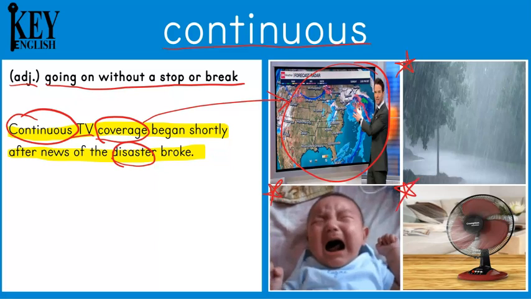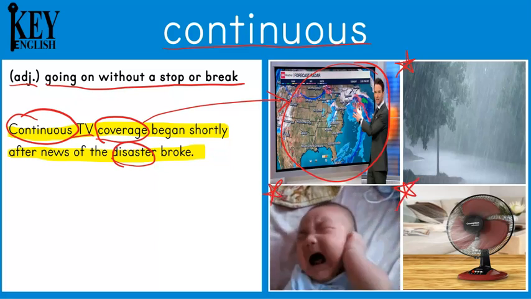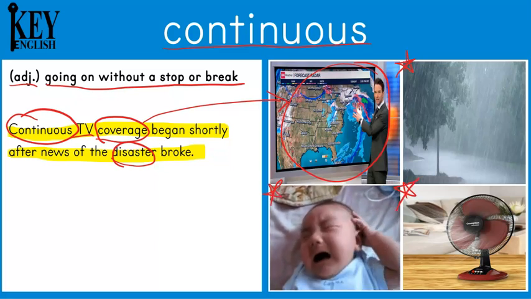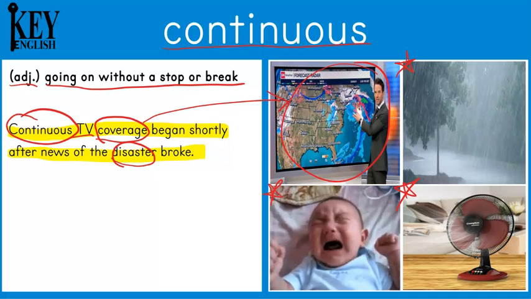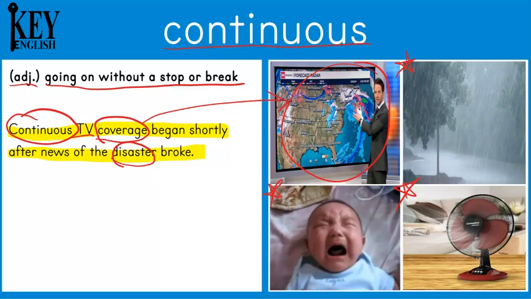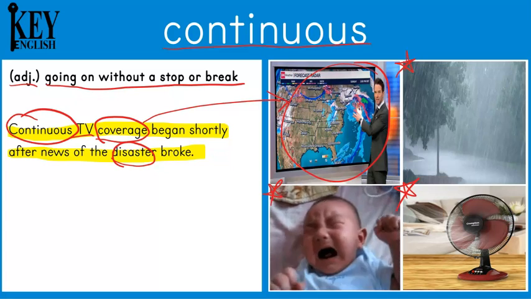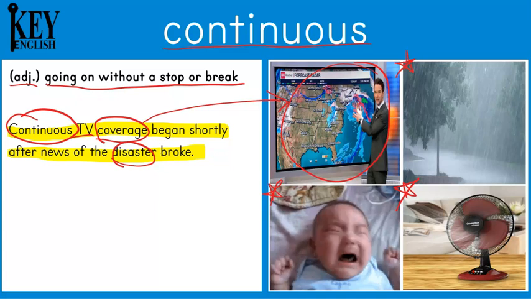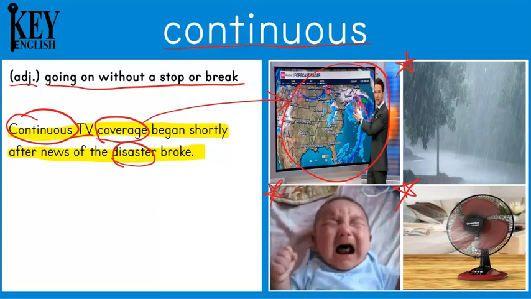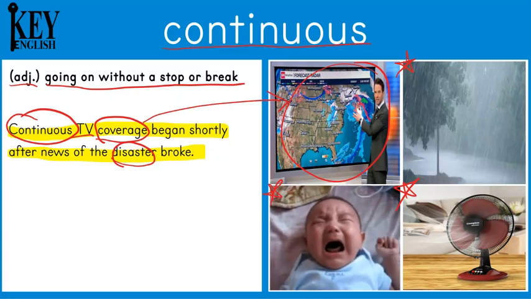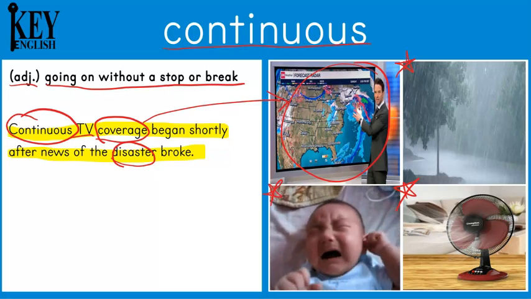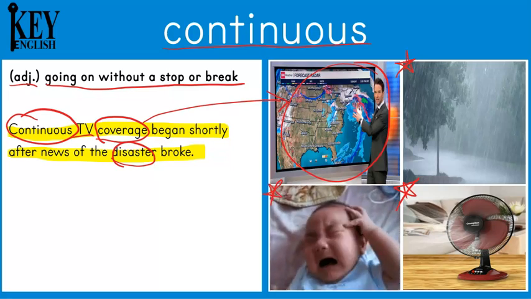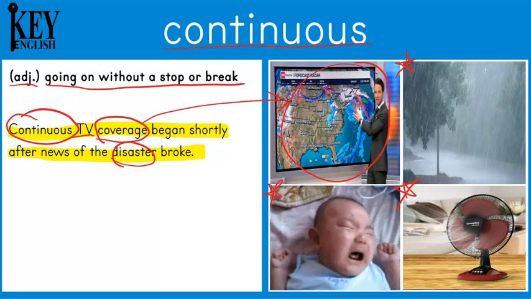Or here, the fan makes a continuous humming noise. Usually when you have a fan on, it has a little bit of a machine humming sound, and that sound keeps going until you turn the fan off. So it's a continuous sound. So anything that keeps going on without stopping until you make it stop, we can describe it as being continuous.